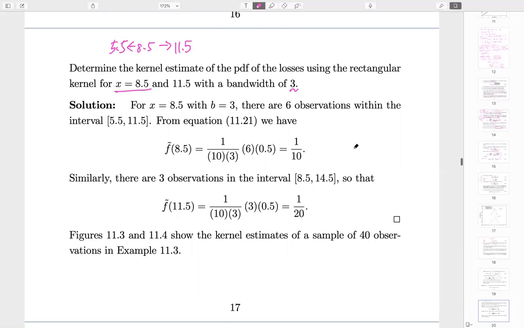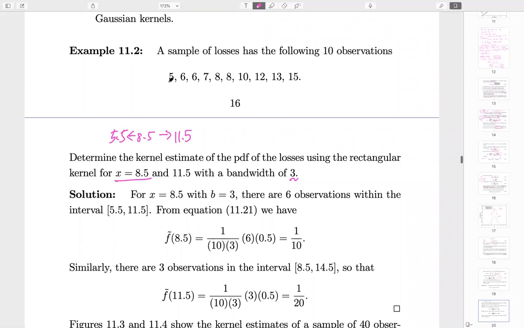So let's say this point will not contribute because the furthest that it can go is 8, right? It's not 8.5. So that's why, given any x, you can do x plus b, x minus b to figure out what points might contribute to x.